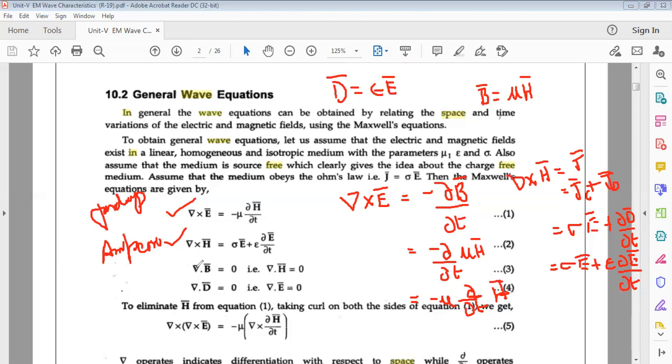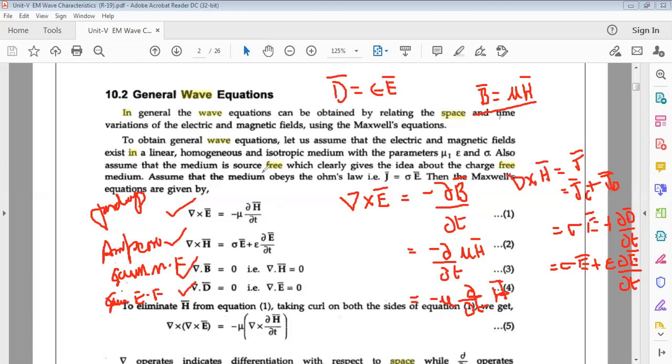Another Maxwell equation is Gauss law of magnetic field: del dot B bar is equal to 0, and since B bar and H bar are related, del dot H bar is also 0. And the last one is Gauss law of electric field: del dot D bar is equal to rho V. In free space, rho V is always 0, my dear students, so del dot D bar is also 0. These are the four Maxwell's equations.